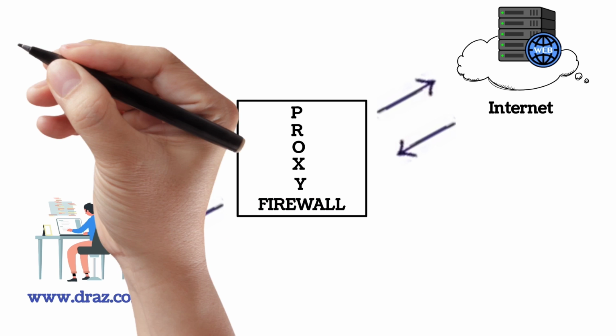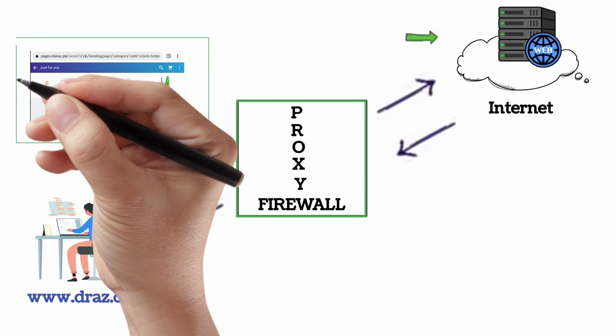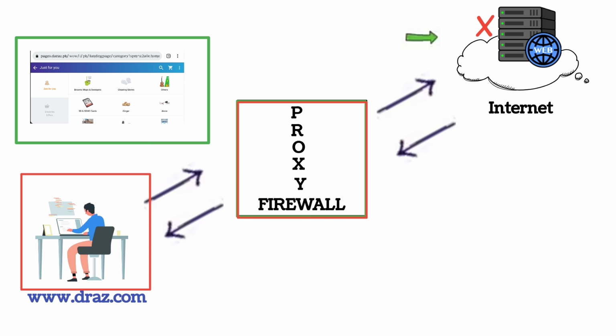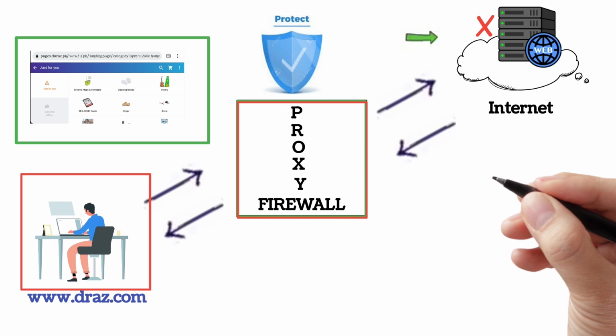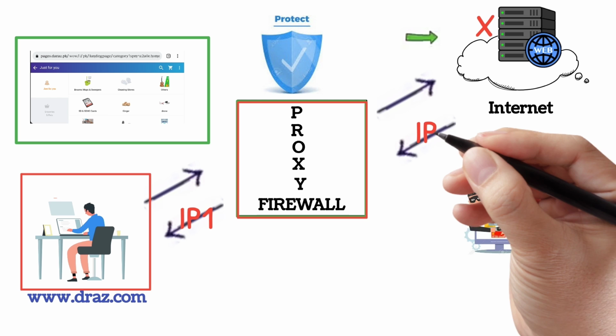In this whole process, the web server thinks that the proxy firewall is the one who wants to visit www.browse.com. That is, proxy firewall does not let the web server know the original client. So proxy firewall protects us from potential attackers on the internet by not disclosing our computer's identity.